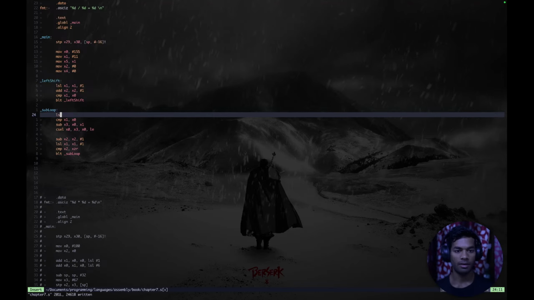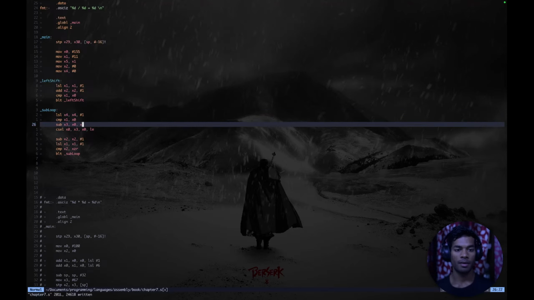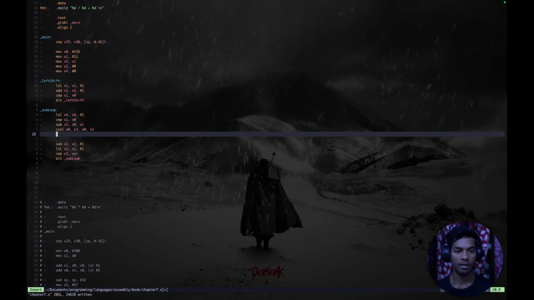Now at the start, I would like to logically shift left the contents of the 4th register by 1, and on comparing, I would like to conditionally increase and store in the 4th register the contents of the 4th only if less than or equal to.